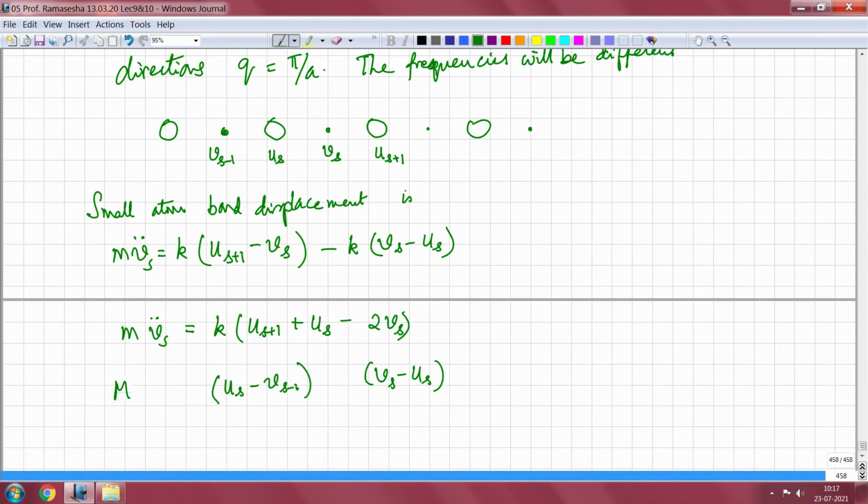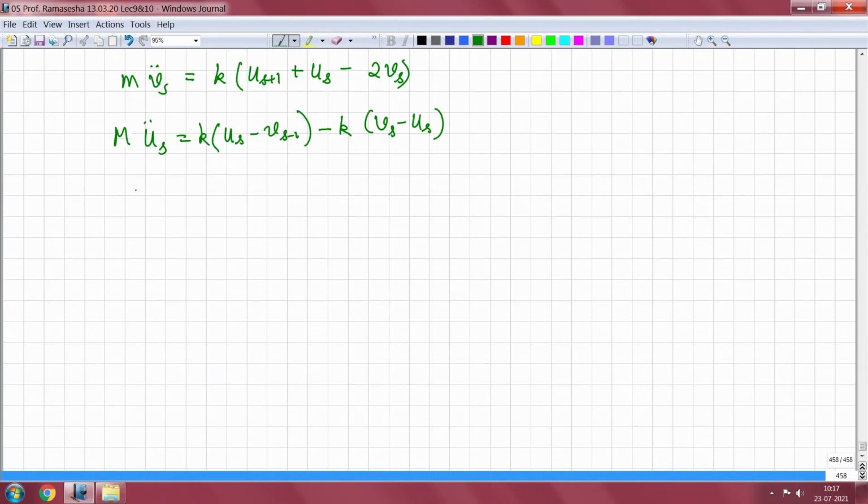And so the force m us double dot is equal to k times this.